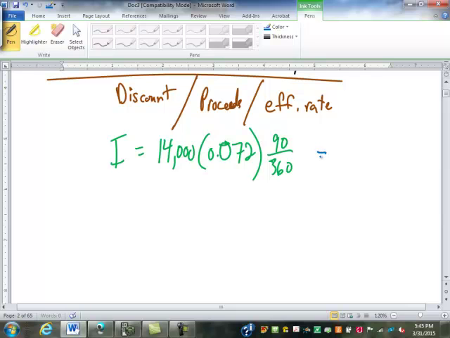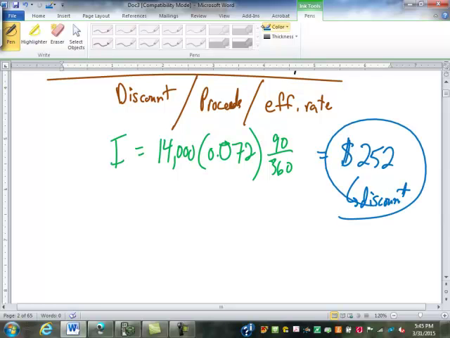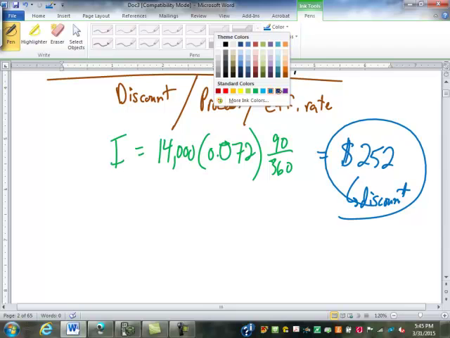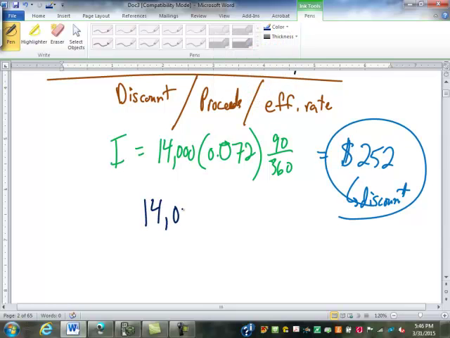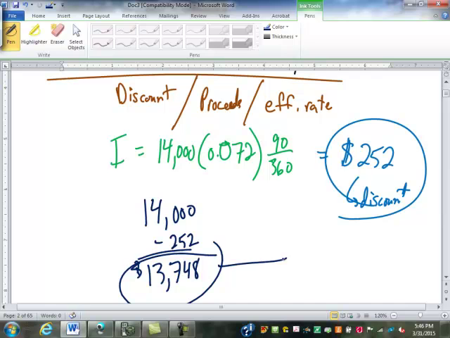Works for me. So $252 is our discount. Find the proceeds. What's our next step? Perfect. 14,000 minus 252. 13,748. That is the proceeds.